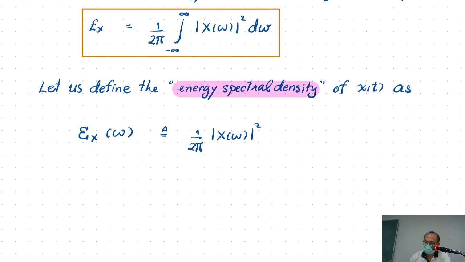Using this definition, we can conclude that the energy of a signal x can be obtained by finding the area under the curve of the energy spectral density.